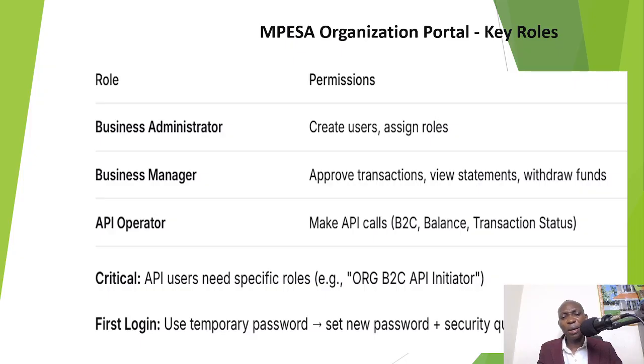He makes B2C API calls, balance, query, transaction status. He initiates those. Critical: this API operator user needs a specific role. This role must be provided: Org B2C API initiator. Without this, it will not work. You will get some funny error telling you that it will reject your request.